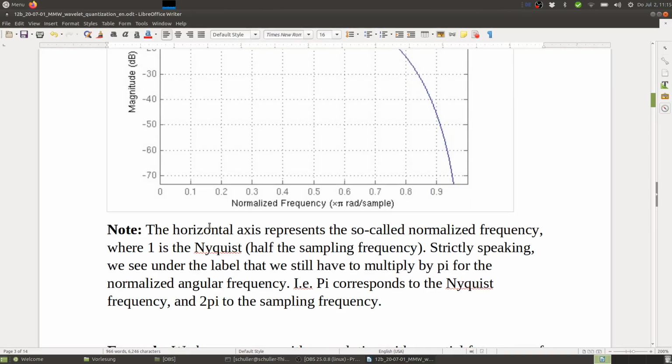The horizontal axis represents the normalized frequency, where 1 is Nyquist, half the sampling frequency. Strictly speaking, here it would say times pi, so pi corresponds to the Nyquist frequency.